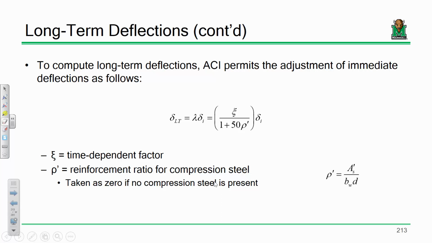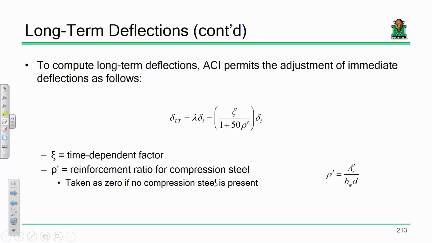You need a time-dependent factor, which I'm going to show you how to get in a second. And you need a reinforcement ratio for compression steel. Remember rho prime, that's bd on the bottom, and on the top it's not the area of steel, it's the area of steel in compression. So if you have no compression steel, then this term is taken to be 0, and your adjustment is just this factor. So is everybody okay with that?